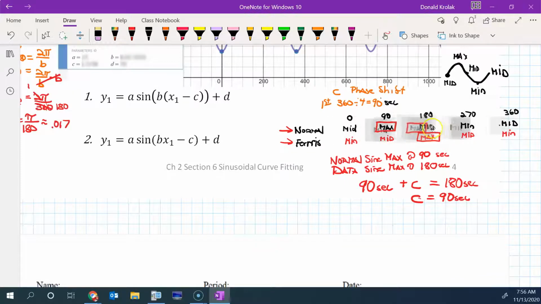That's the phase shift. Now the two patterns would match up. Okay, so that's what we were trying to figure out here. Does that make sense? Now you see that? So that's going to be C when the calculator does it for us. So what we just did is we just did it by hand.